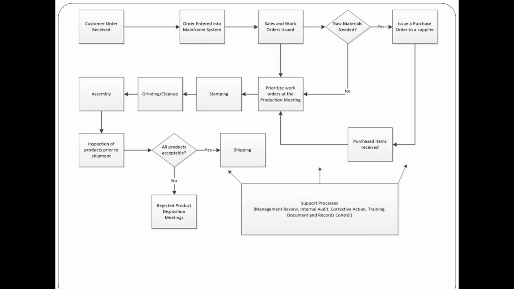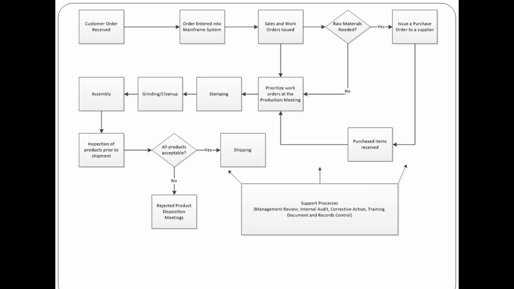Okay. You'll note now in the lower right-hand corner, we have a standalone box called support processes. And we've identified this as being a collective activity, and we've also identified this as being a shared activity in terms of these support activities support the entire system at large.